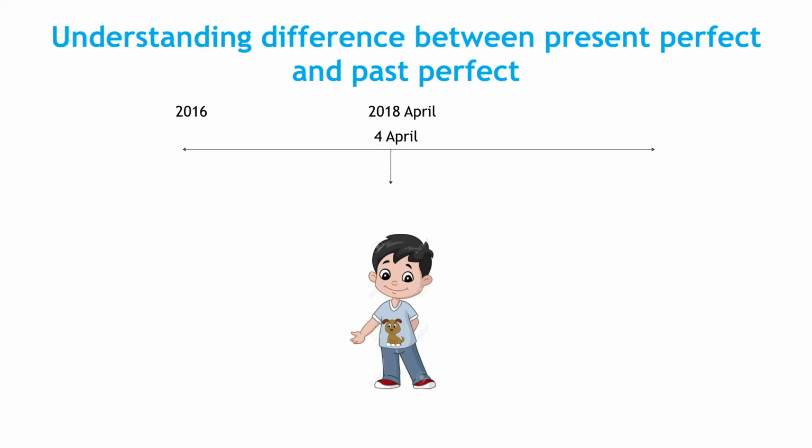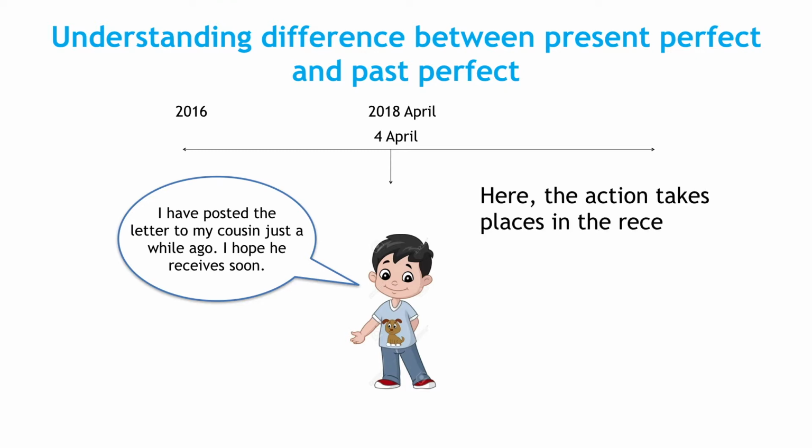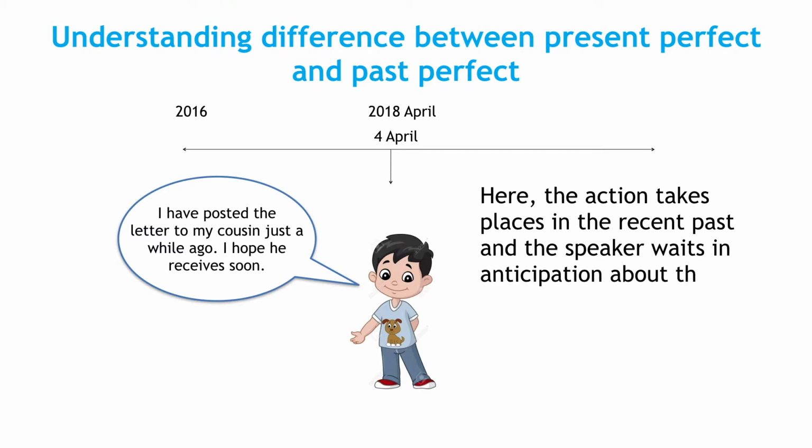Srisal on 4th April 2018 says, "I have posted the letter to my cousin just a while ago. I hope he receives it soon." Here, the action takes place in the recent past and the speaker waits in anticipation about the posted letter.